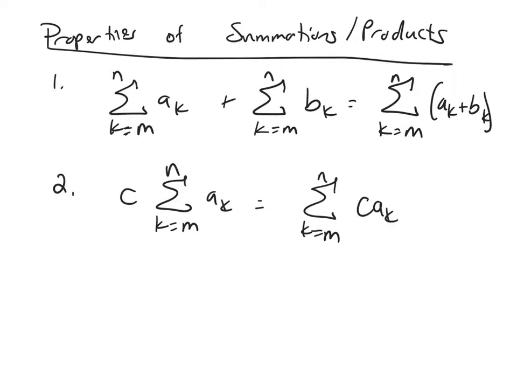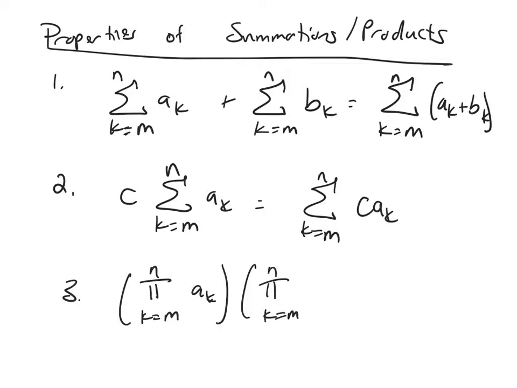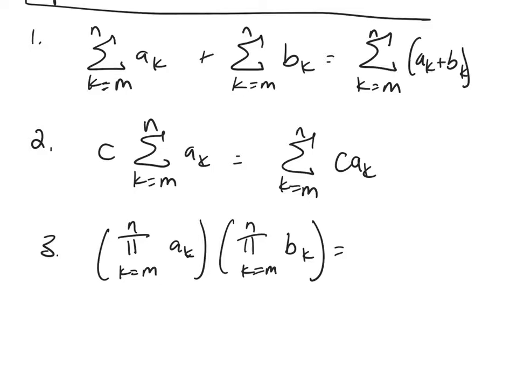And the third one, if you have a product times another product, you can rewrite it with a single product. Just like you could write a single sum in the first property.